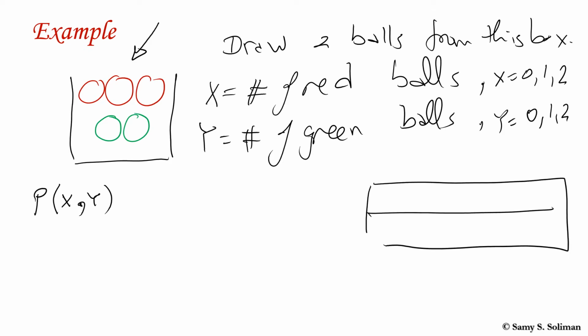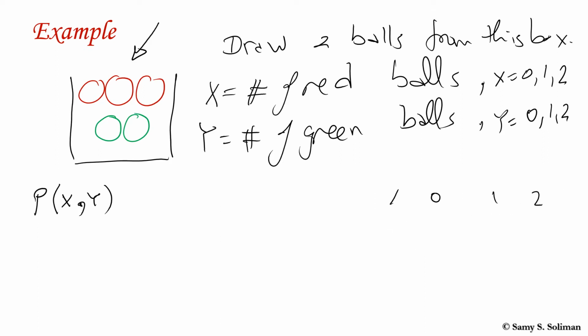So if we want to calculate the joint probability, remember for the marginal probability, we used to have a table like this, in which we write the values of X, and then we write the PMF of X. However, in this case, we have a joint distribution, so we have a 2-dimensional distribution.